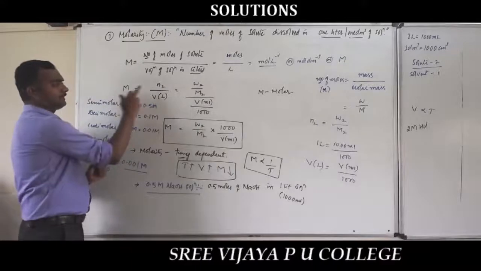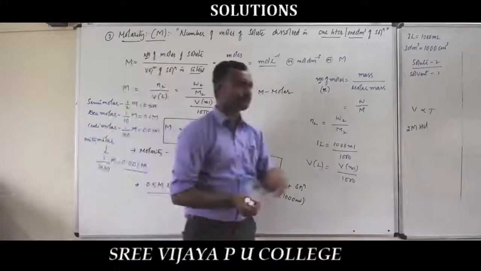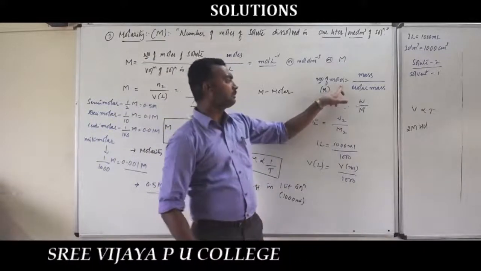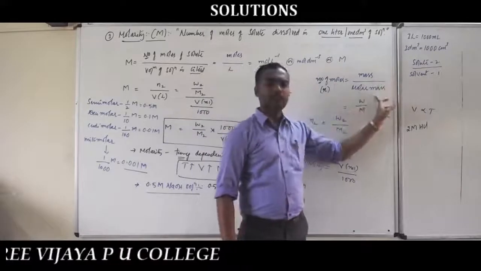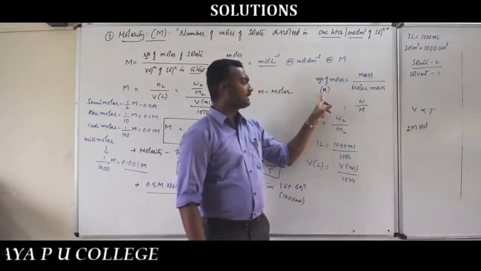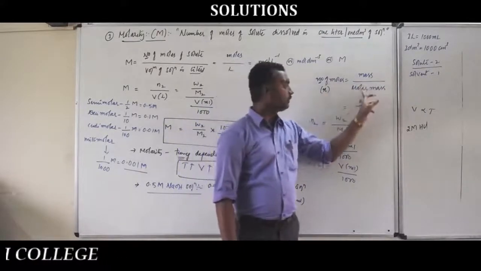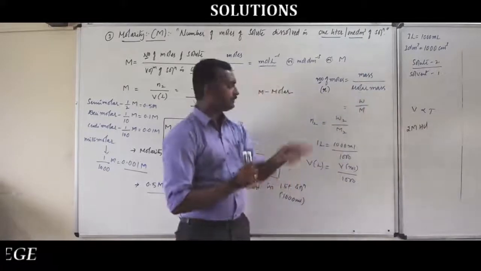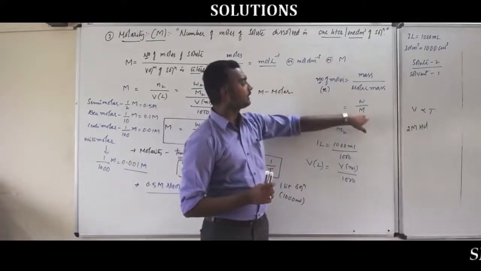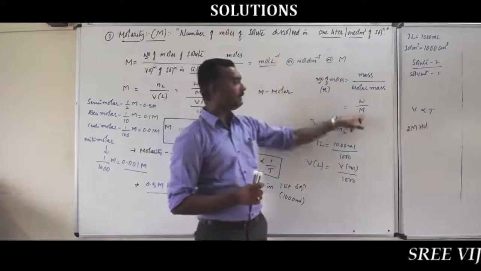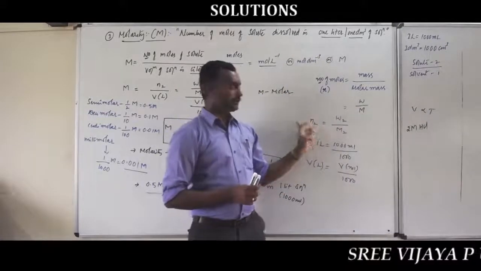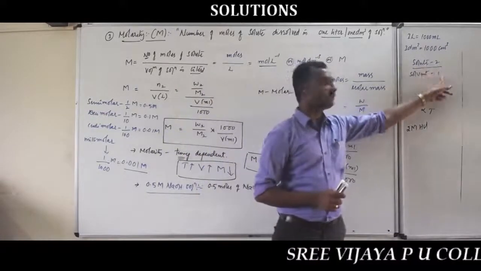So molarity, that is number of moles of solute. What's the formula for number of moles? Number of moles is equal to mass by molar mass. So therefore number of moles is N, mass is taken as W, molar mass is taken as capital M. So confuse ಆಗಬೇಡಿ, capital M ಅಂದ್ರೆ molar mass ತಗೊಂತಾ ಇರೋದು, ಈ capital M ಅಂದ್ರೆ molarity ನೂ ಆಗುತ್ತೆ. So ಇಲ್ಲಿ molar mass. So N2, 2 refers to solute, 1 refers to solvent ಅಂತ ಇಟ್ಕೊಂಡಿದ್ದೀನಿ.